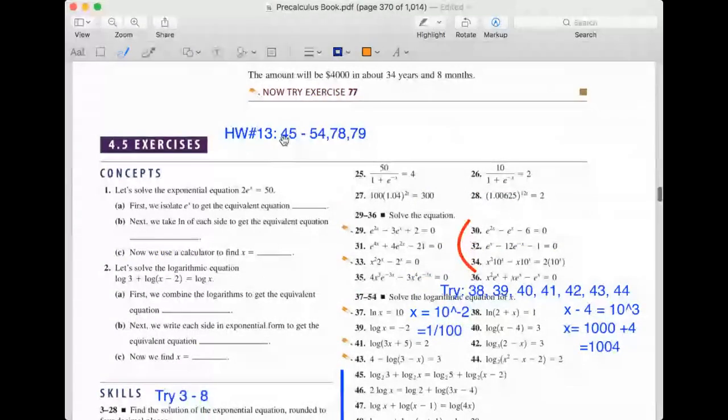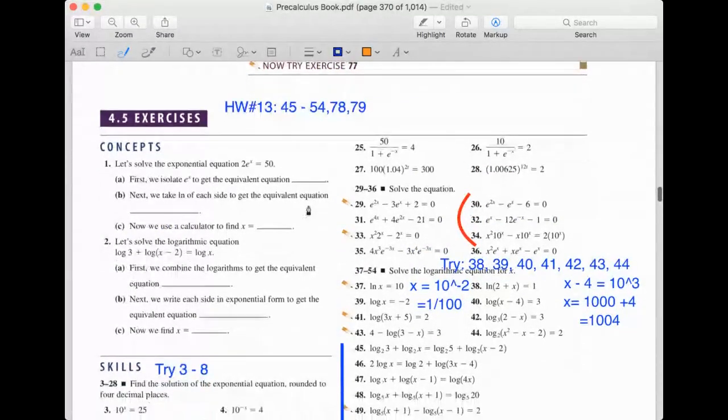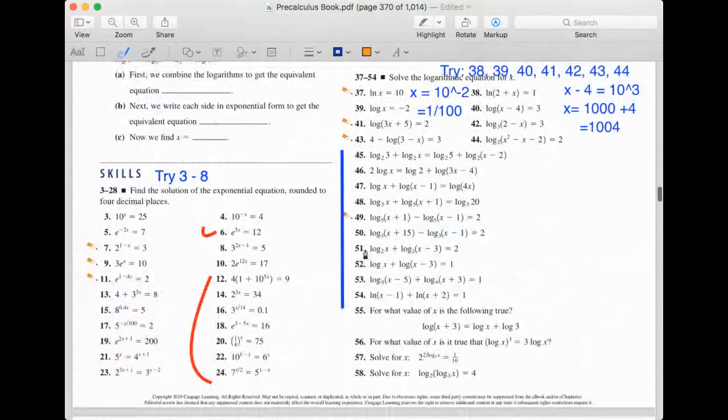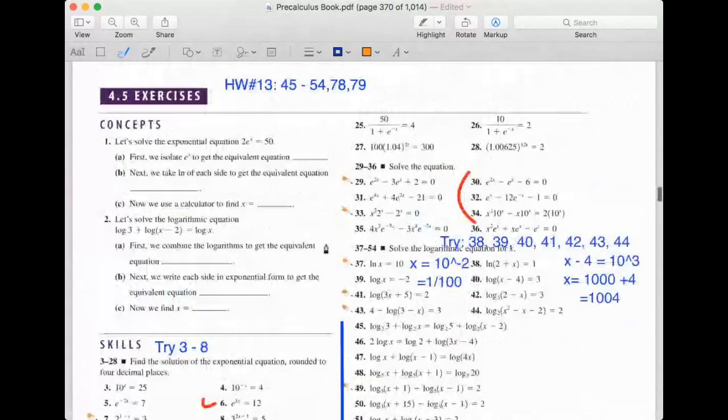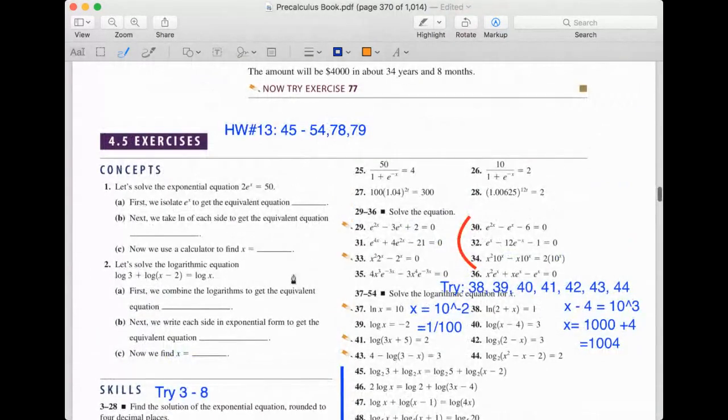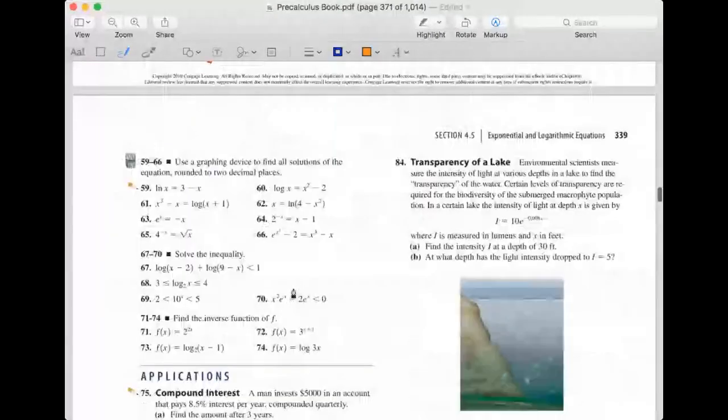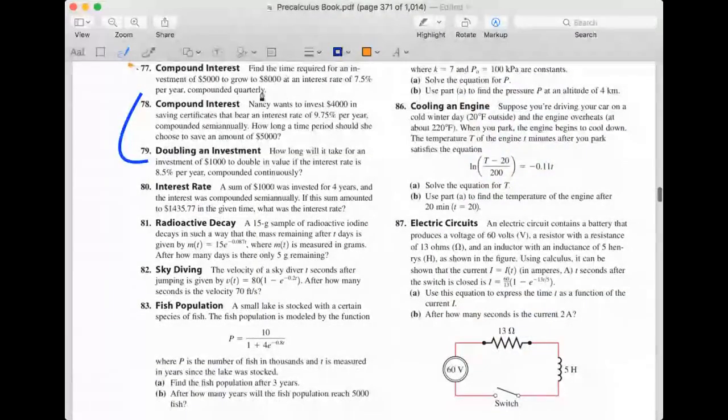Homework 13 is 45 to 54 right here, and 78, 79 applications. Jeremy already showed one. Anyone has any questions? Oh, Sarah wants to show 43. Okay, Sarah, let's go.